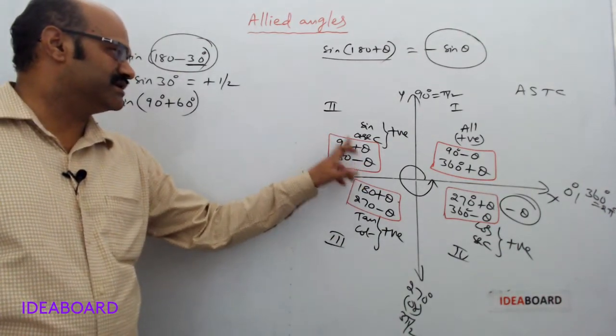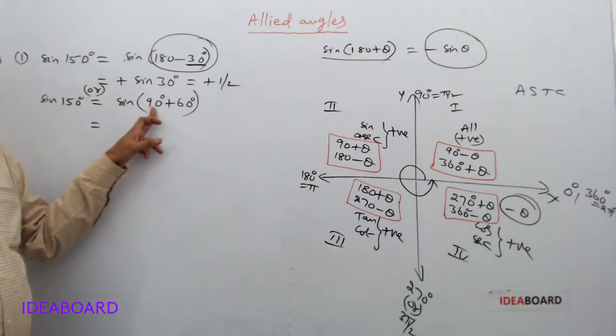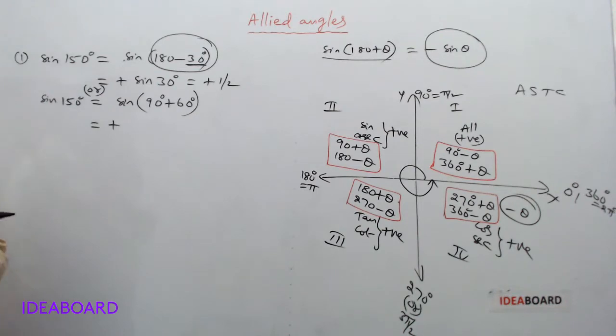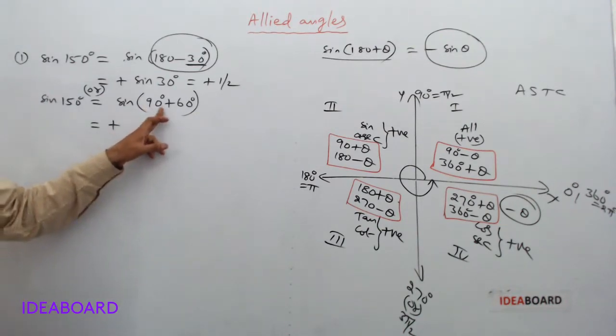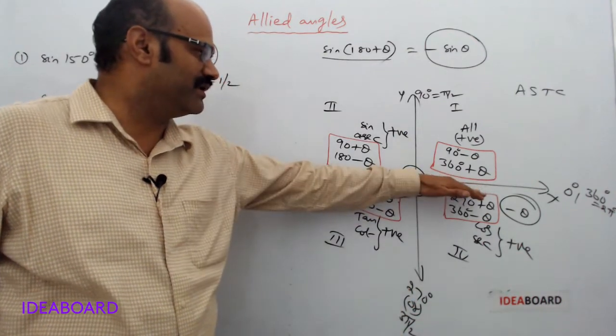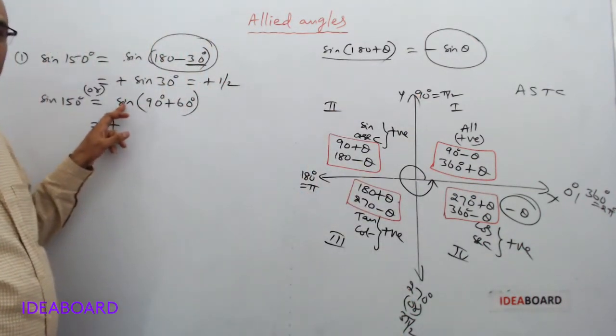In the second quadrant, sine is positive, so write a positive sign. Whenever you have 90 or 270, the trigonometric ratios will change.